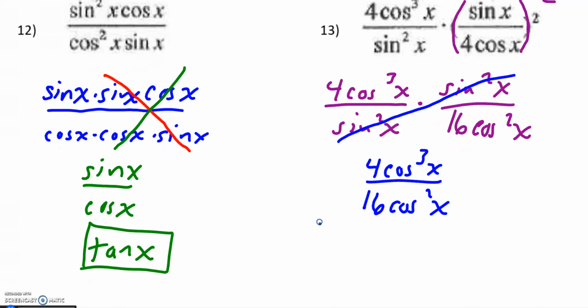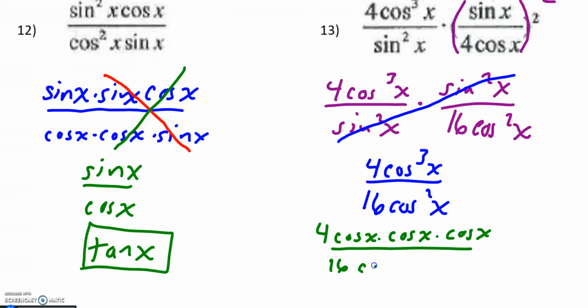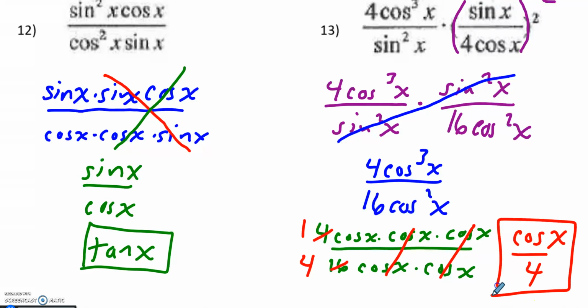But if we want to write our answer out the long way, we have 3 cosine of x's on the top, and we have 2 cosine of x's on the bottom. So 2 pairs of them cross out. And I can also reduce the 4/16 to be 1/4. So my final answer would be a 1 cosine x on the top and a 4 in the denominator. So my answer is cosine of x over 4.